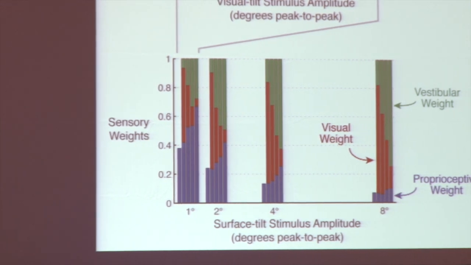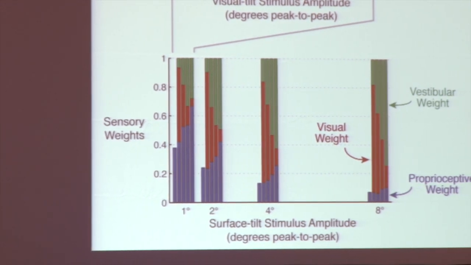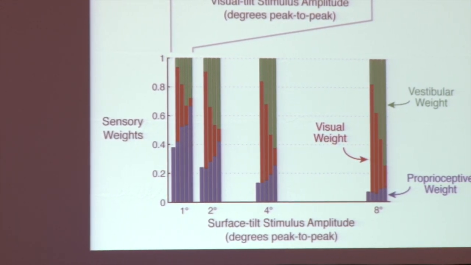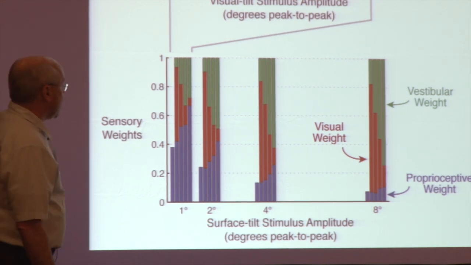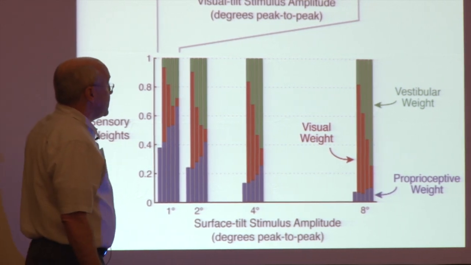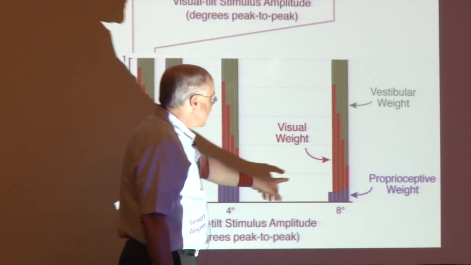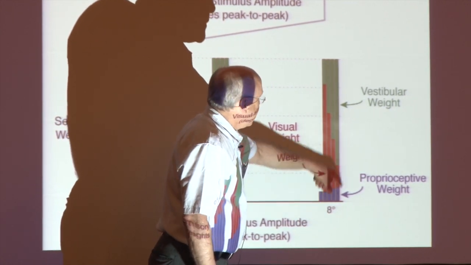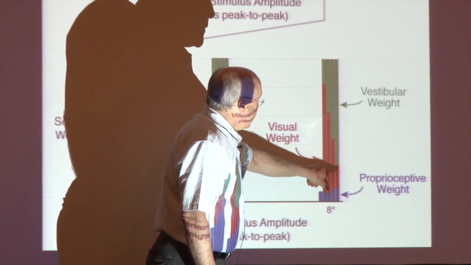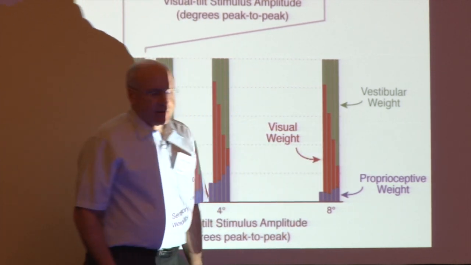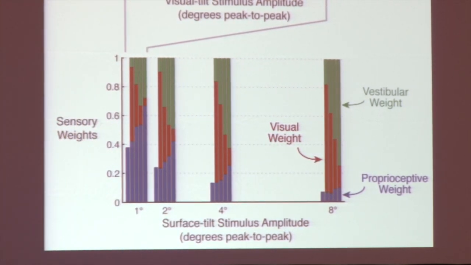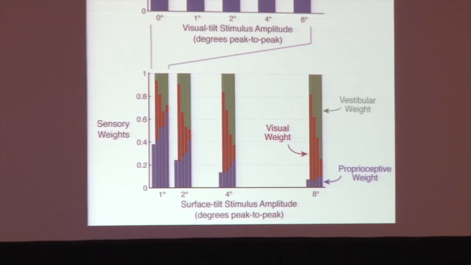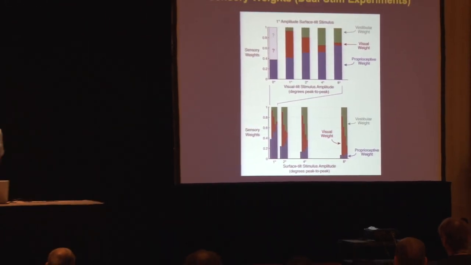And so you can then visualize the whole pattern of weight changes that people are compensating for in this complex stimulus condition. And at the extreme, when the surface is at peak to peak 8 degrees and vision is 8 degrees, then you're relying about 75% or so on the vestibular system for balance control.